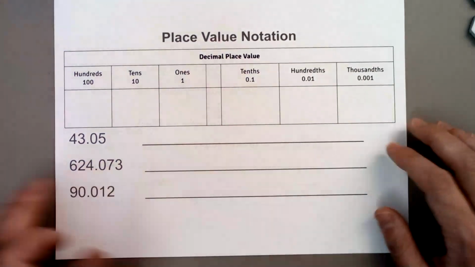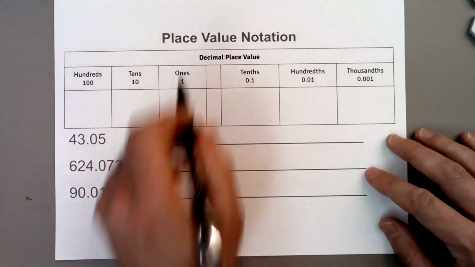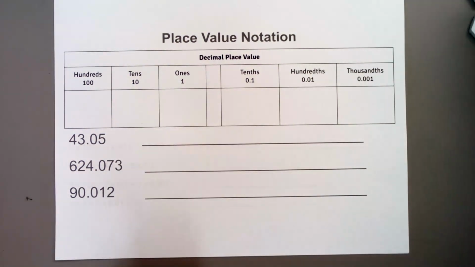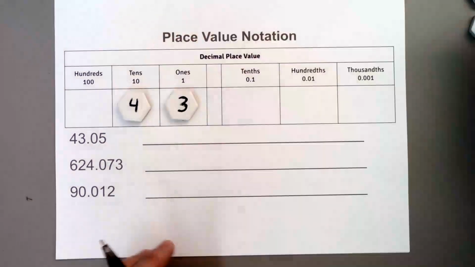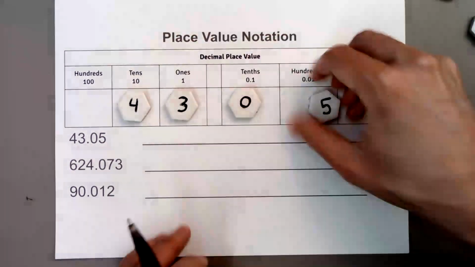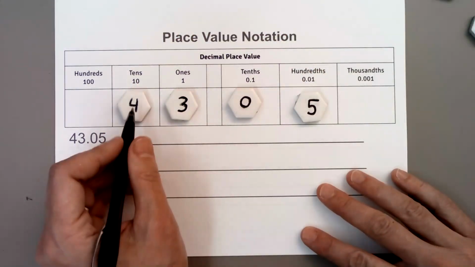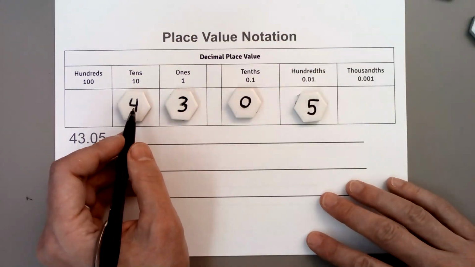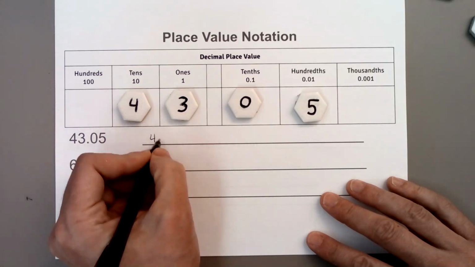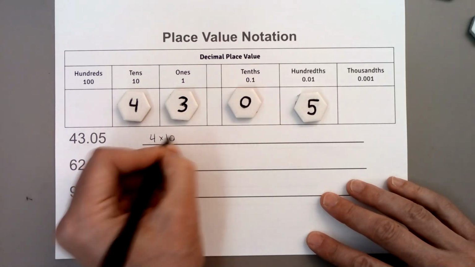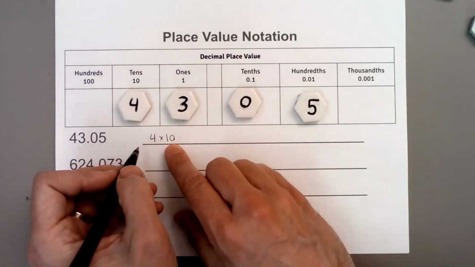Well, those are the same numbers, you might be saying, and you'd be right. But place value notation, it's a different kind of expanded notation. And in this one, I'm just going to show you how it's done. You're writing an expression, but instead of just writing 40 for the 4, you write it as 4 times 10, meaning there's a 4 in the tens place.